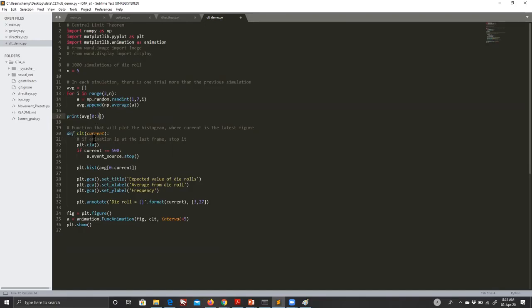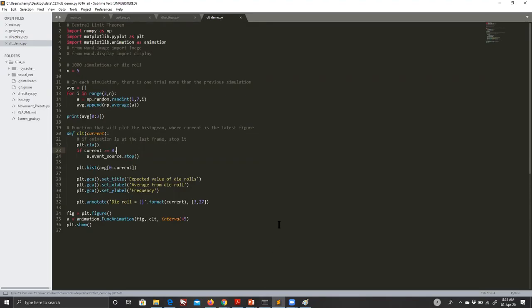And I have to define a function called CLT, which will just plot something. Let's restrict it to a smaller number. It will plot things and annotate all of this, and this animation function will show you in intervals of 4 or 5. Don't worry, let me show you how it looks.